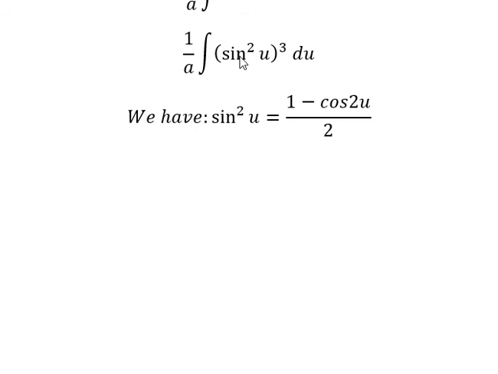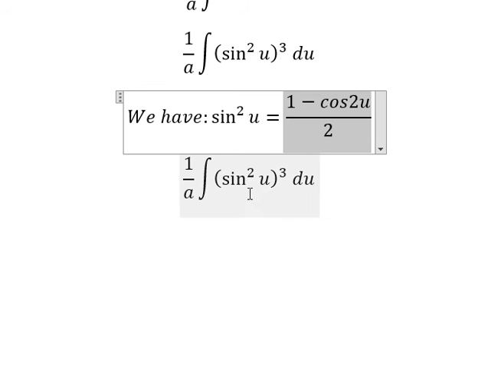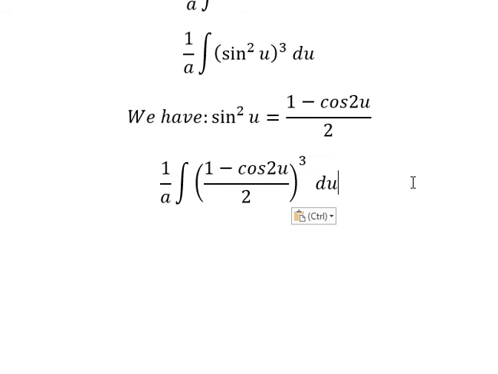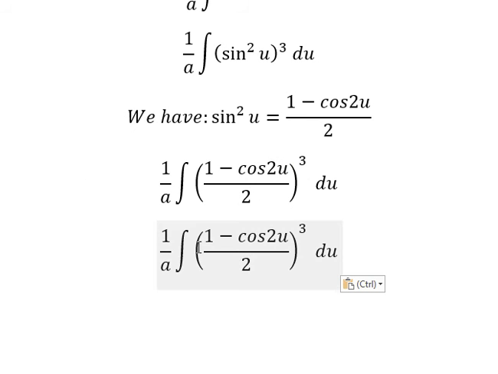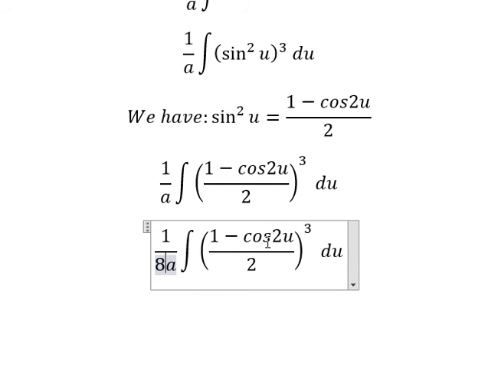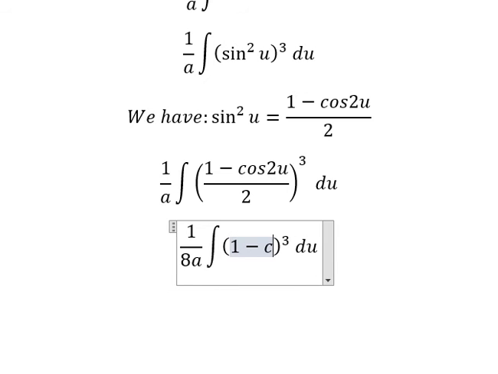Now I will put this one going here. So we have 2 to the power of 3, which is 8 here. So we just have 1 minus cosine 2u.